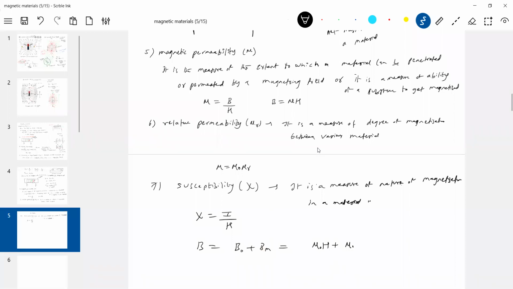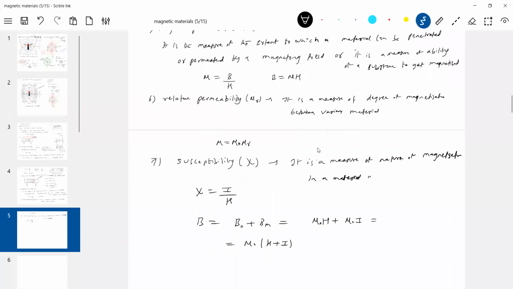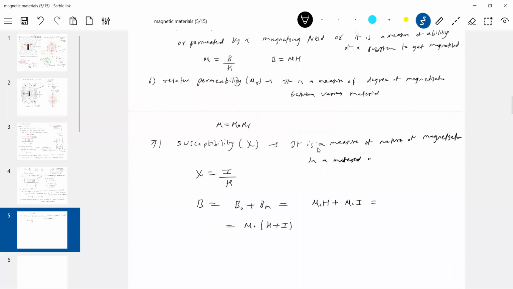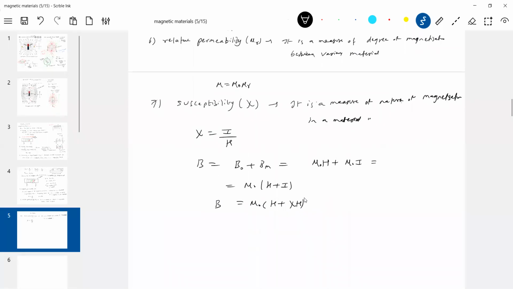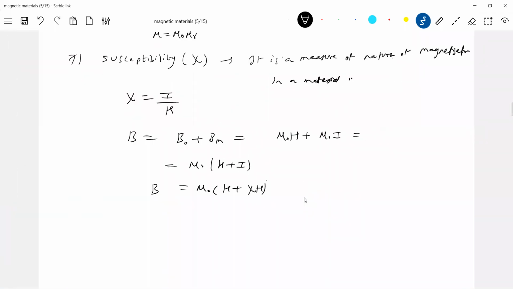Bm is mu naught I. So B is mu naught into H plus I. Then I is equal to chi into H, susceptibility into H. So further, H you take outside.